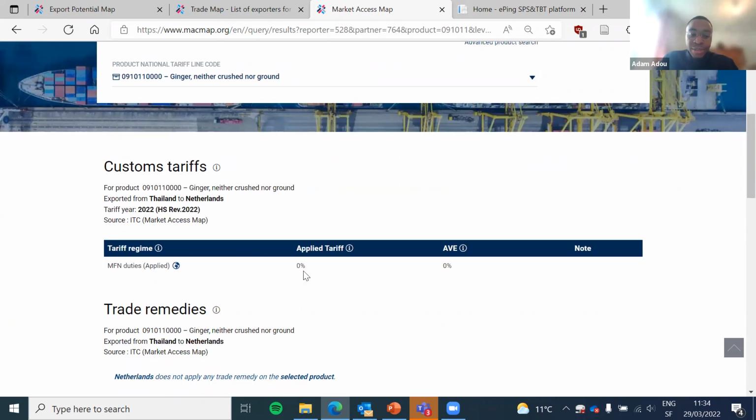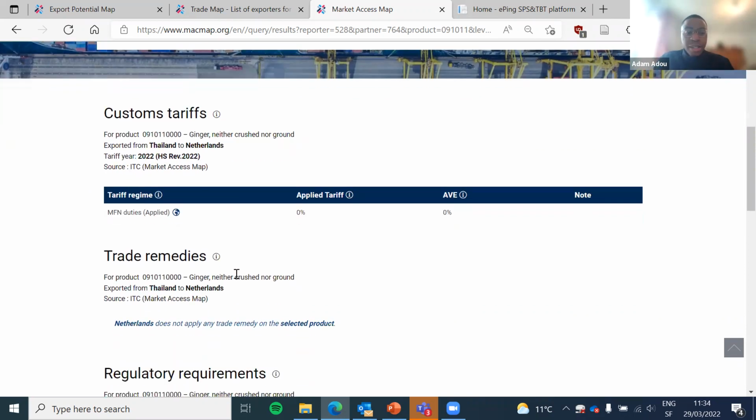So in here, we see that the tariff is 0. So there is almost no tariff for Thailand when exporting to the Netherlands. So we might think, why is Thailand not exporting more to the Netherlands then? It's not because of trade remedies, because there are no trade remedies applied to the specific product.